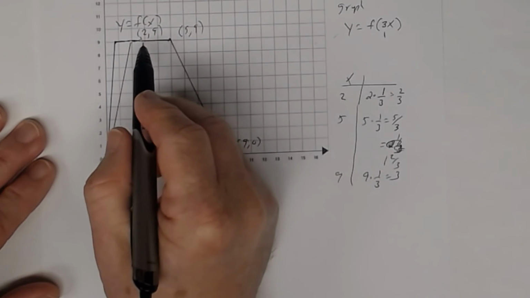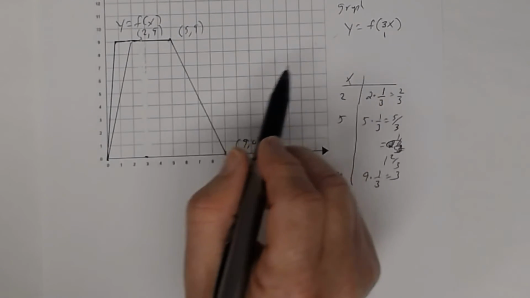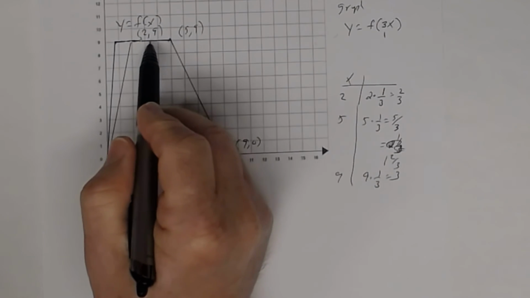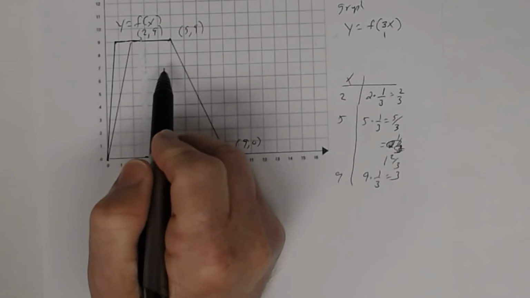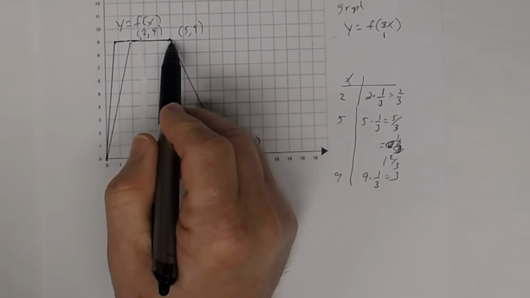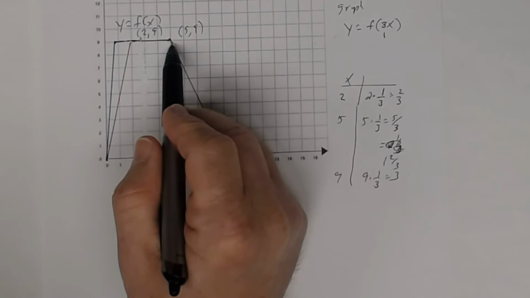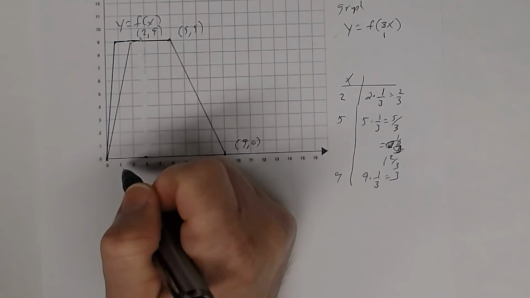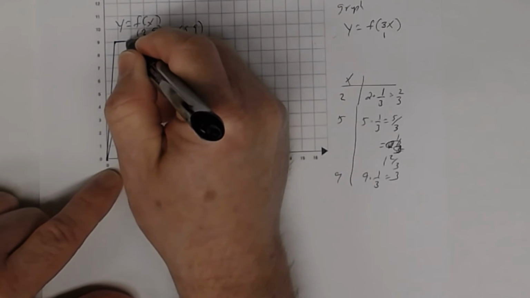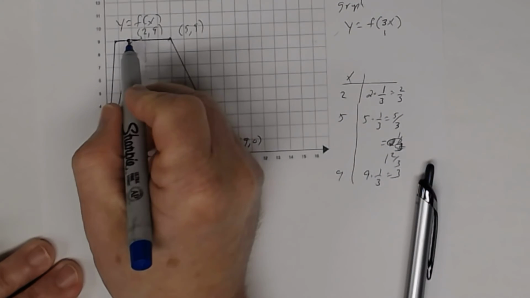So for this function here, f of x equals 3x, when x was 5, 9, this becomes 1 and 2/3, 9. 1 and 2/3 is about here. Okay? And so now we're just going to do this.